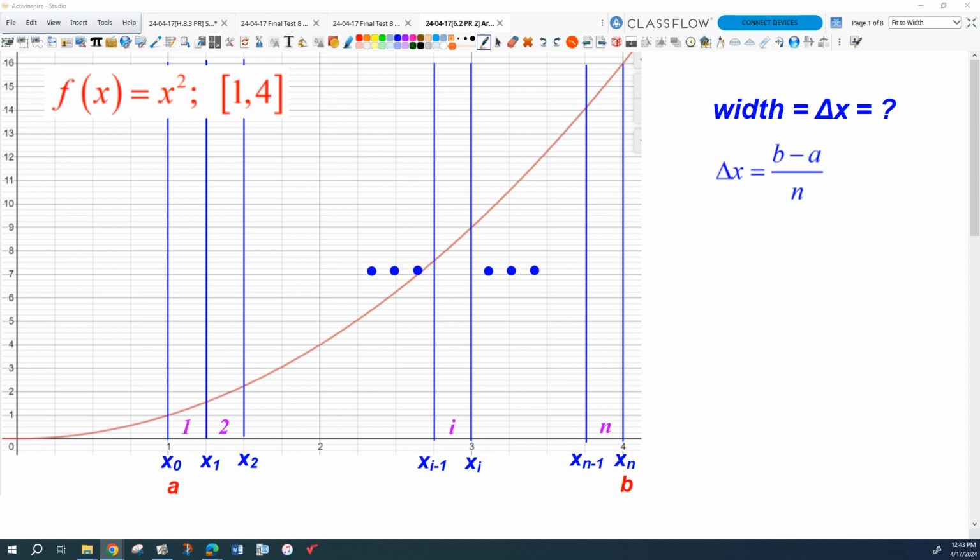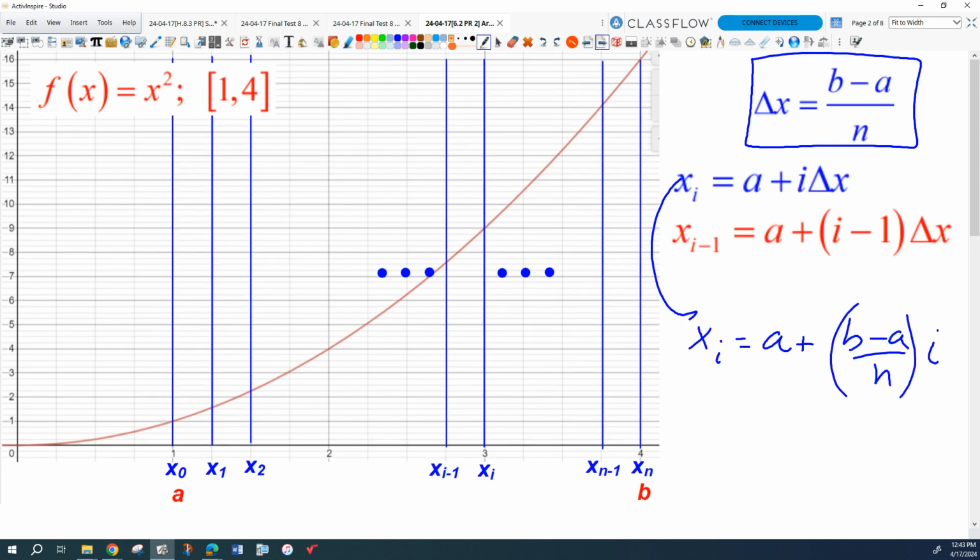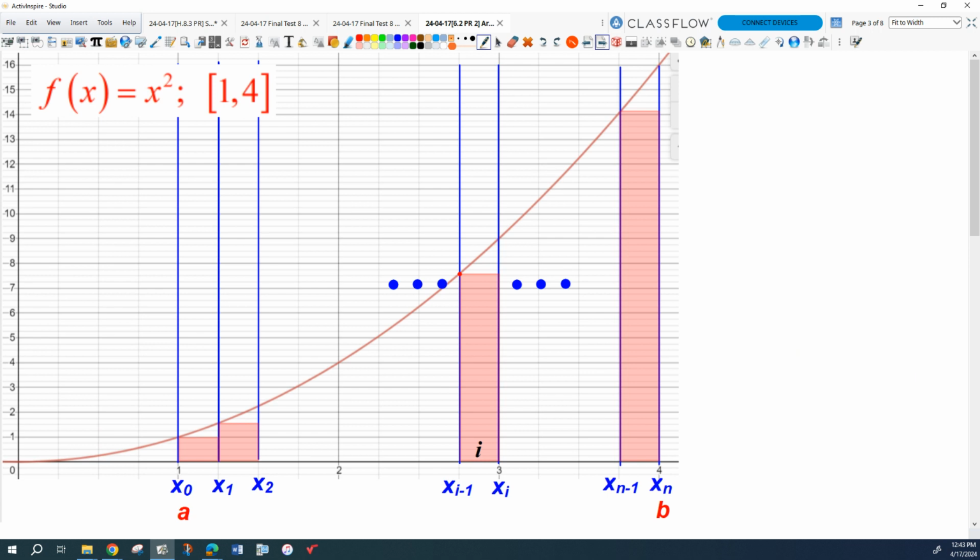And when we do that, we build up these rectangles. The width is always just delta x, which we just calculated, b minus a over n. And the height is determined by which part of the interval we're using to determine the height of the rectangle. There really are three options. We could use the value of the function at the right edge of the rectangle.